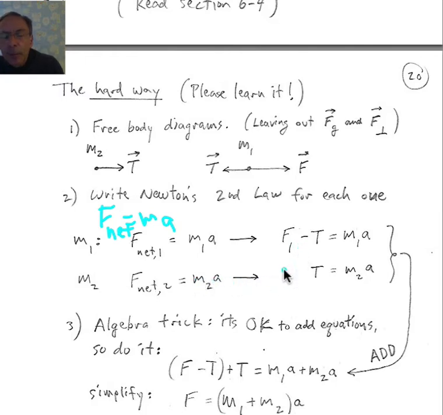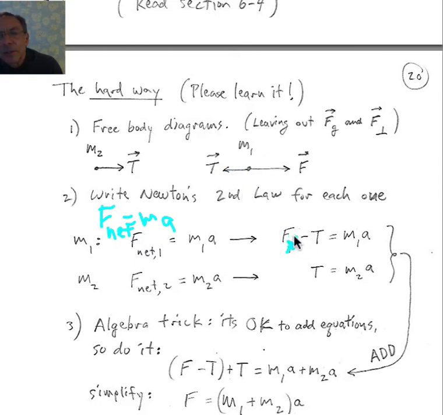Now we're going to arrange things a little bit. The net force on mass 1 is the force to the right, and I need to get rid of this 1 here, I should have erased that. Anyway, it's pulling to the right, so this is a positive force, minus the tension, and the tension's pulling to the left.